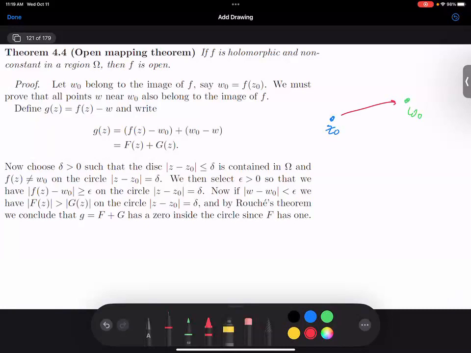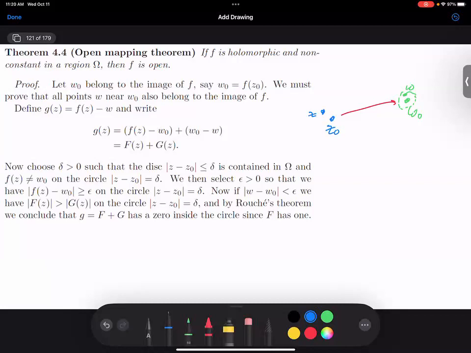Then I want to show that if I take a sufficiently small neighborhood about omega naught, you give me anything in here, let's call that w, I can find some point over here, z, that gets sent to it.